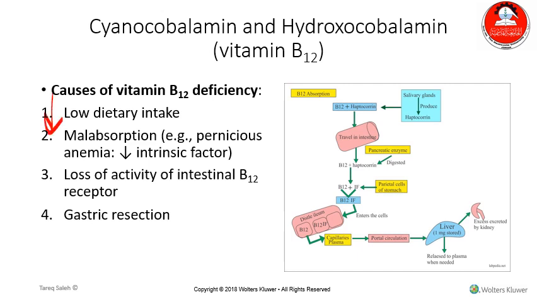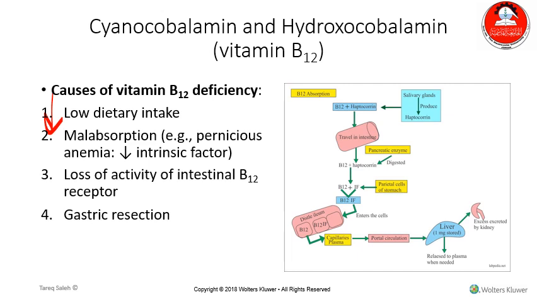Vitamin B12 is usually available in high protein sources such as red meat. That's why vegetarians or vegans usually suffer from vitamin B12 deficiency. And that is an example of how low dietary intake can cause vitamin B12 deficiency associated anemia.